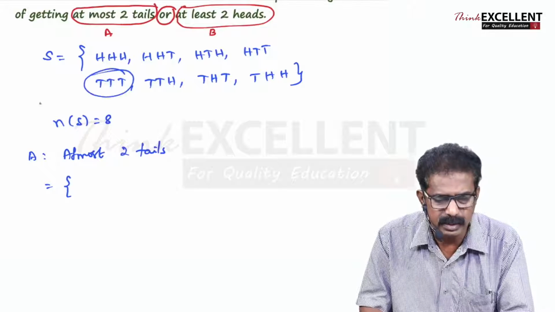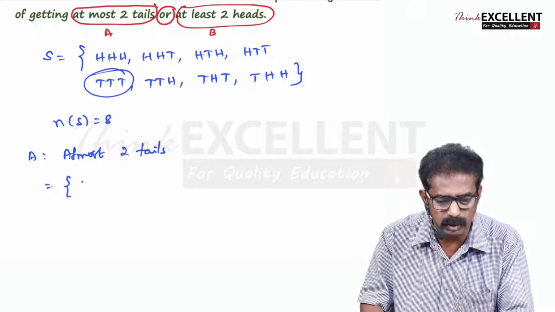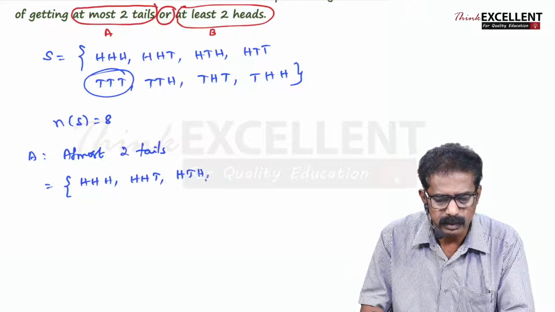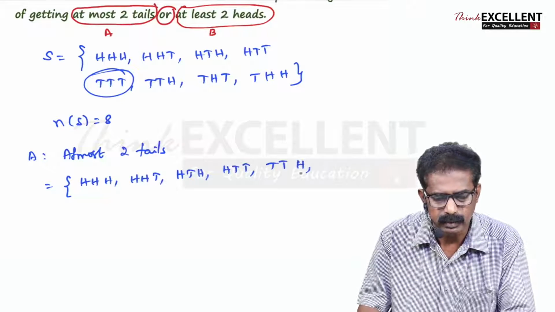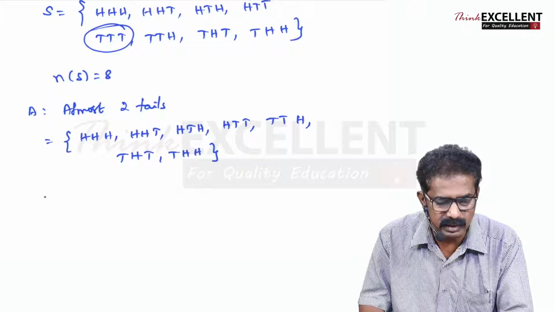So except this one, you can write everything, right? So you write HHH, HHT, HTH, HTT, TTH, THT, THH, right? So the favorable 7 cases, N of A is 7.